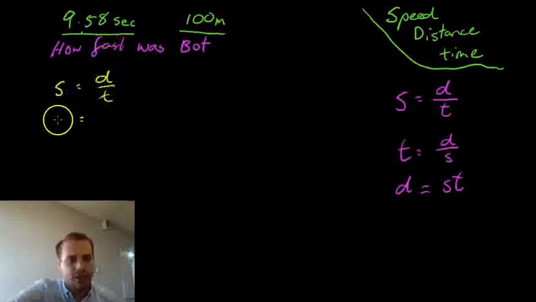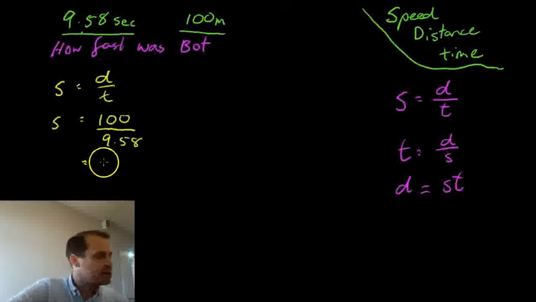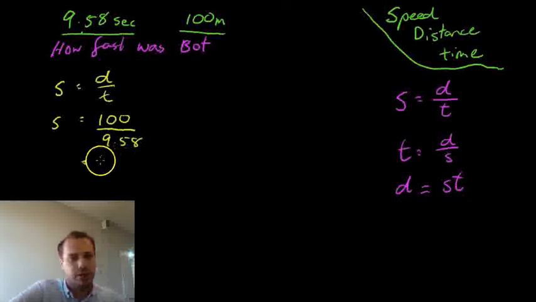So now we can say that his speed is equal to the distance that he ran, 100 meters, divided by the time that he ran it in, 9.58 seconds. Okay, this is where your calculator is going to come in handy. According to my calculator, he ran 10.44, we'll round it to 10.44.